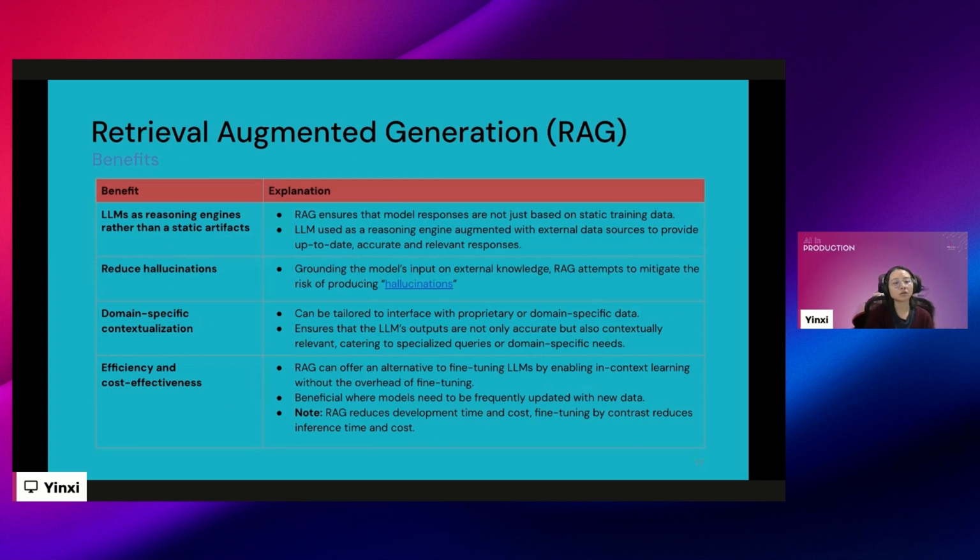This is also more cost-efficient compared with fine-tuning or pre-training a foundation model. So without changing the model parameters, you are still able to generate relevant results just by providing an external knowledge base.